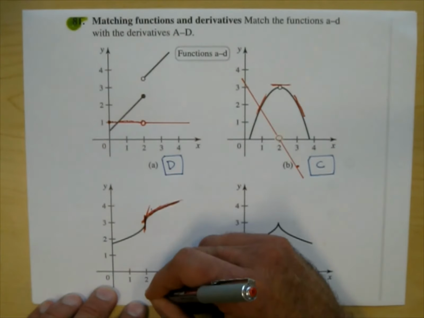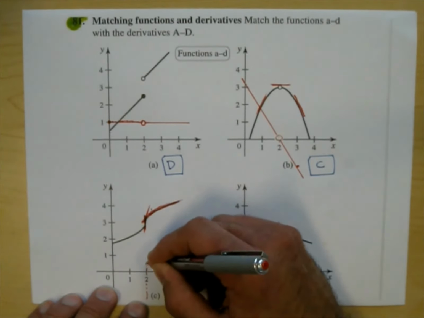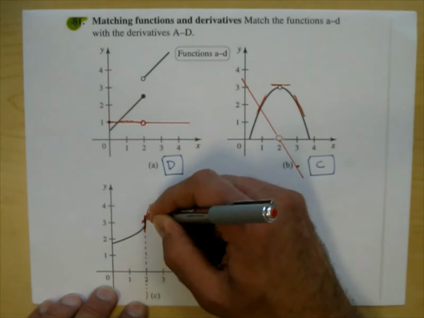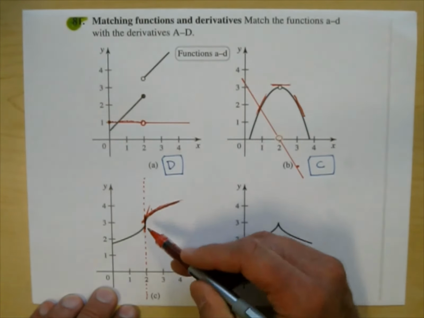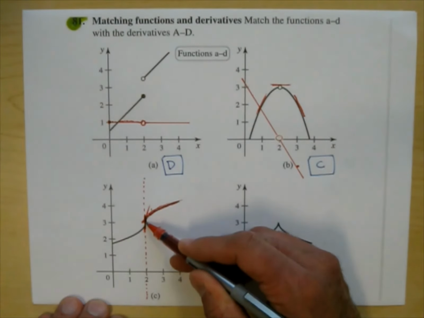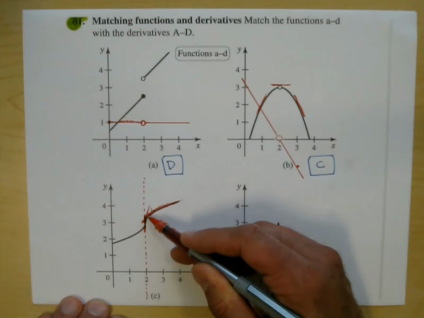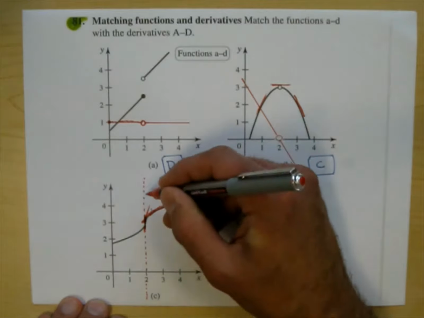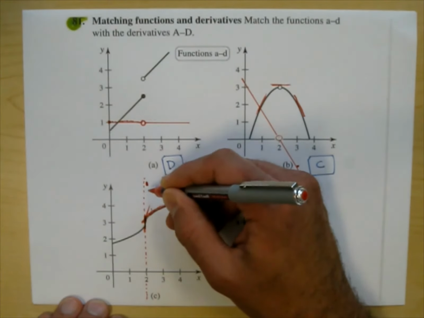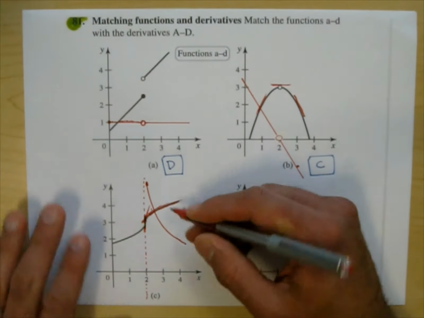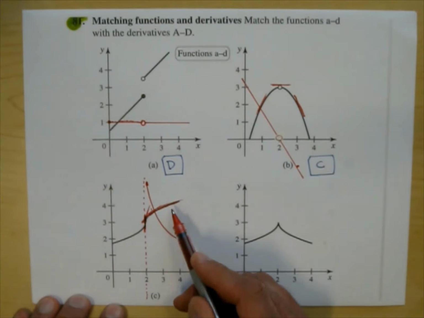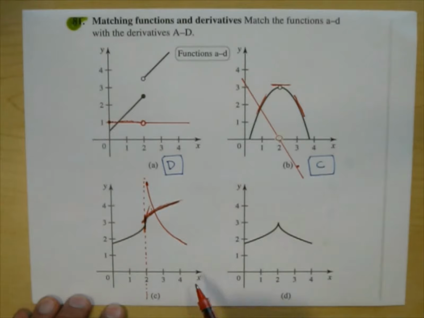So when you have a vertical slope, on the slope graph you have something like that. And then right after x equals 2, you've got a very steep positive slope. So you're getting something that's coming from up here and coming down like that, because the slope is getting less and less, but it's always staying positive, so this will stay above the x-axis.